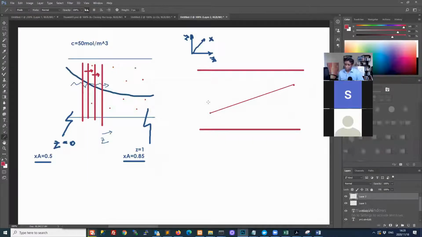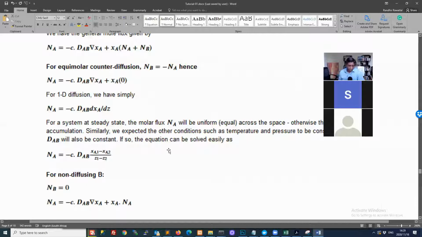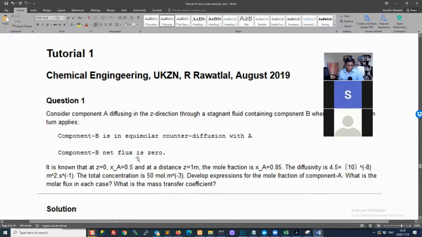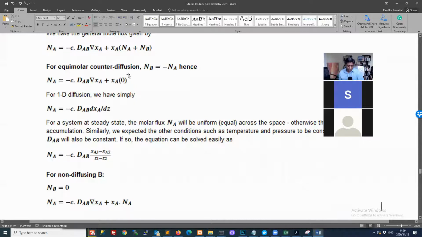Right, so that's the first question solved. Your concentration profile as a function of Z is a straight line. Any questions or comments so far? Okay, so that was the result we got specifically for equimolar counter diffusion. Only because that term disappeared did it stay nice and linear like that.